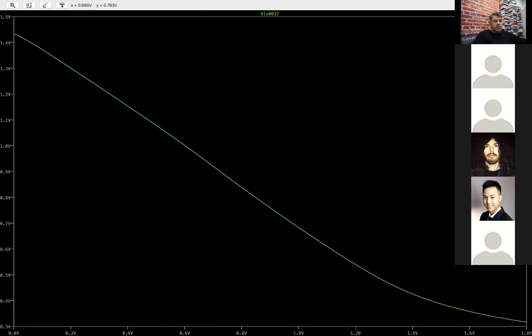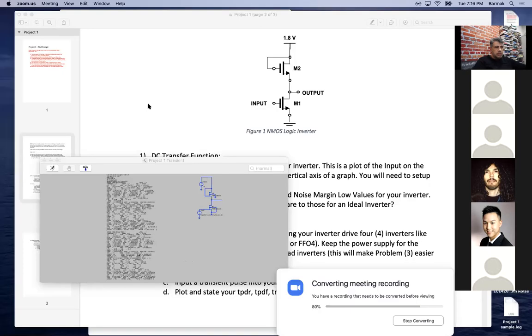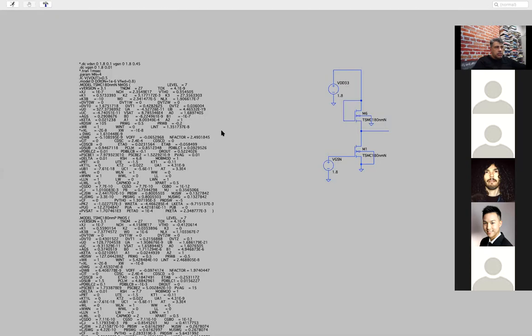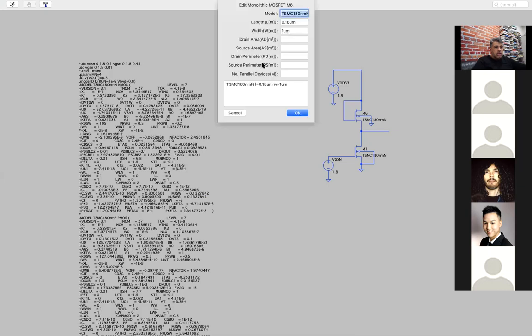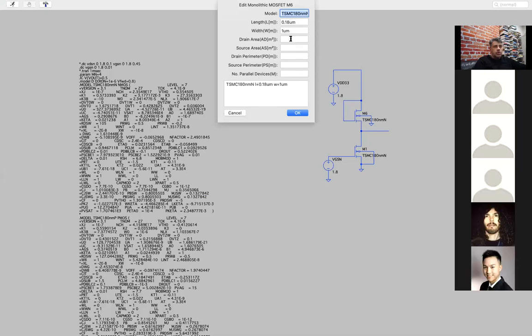So I can now try to go back to my, hopefully this is it. No, wait a minute. You guys see me changing a transistor size? Yep.